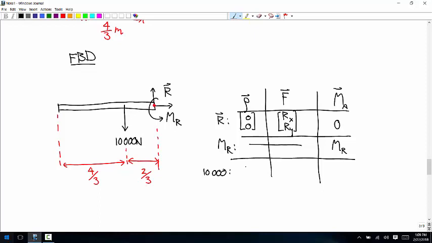And so the rho vector is 2/3, 0. Force vector is 0, negative 10,000. And take the cross product, and you get positive 6666.6 repeating.